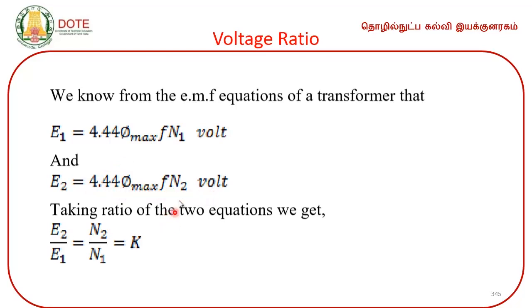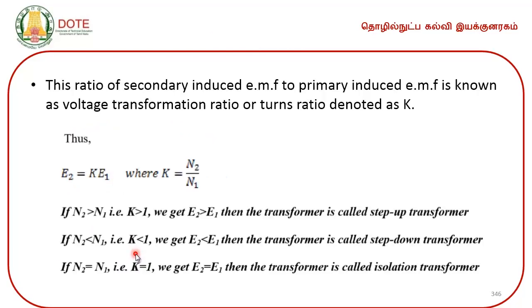Taking the ratio of these two equations, we get E2 by E1 is equal to N2 by N1, which is equal to K. This ratio of secondary induced EMF to primary induced EMF is known as voltage transformation ratio or turns ratio, denoted by K. Thus, E2 is equal to K E1, where K is equal to N2 by N1.